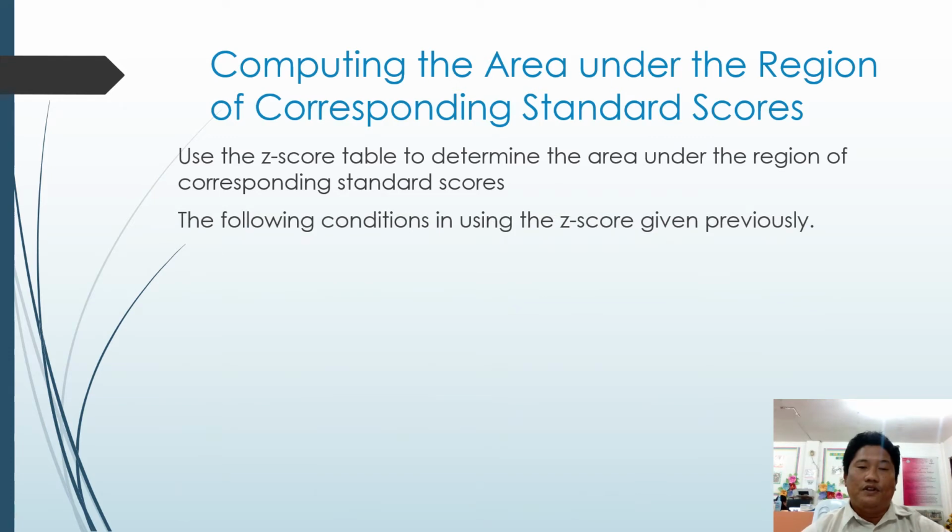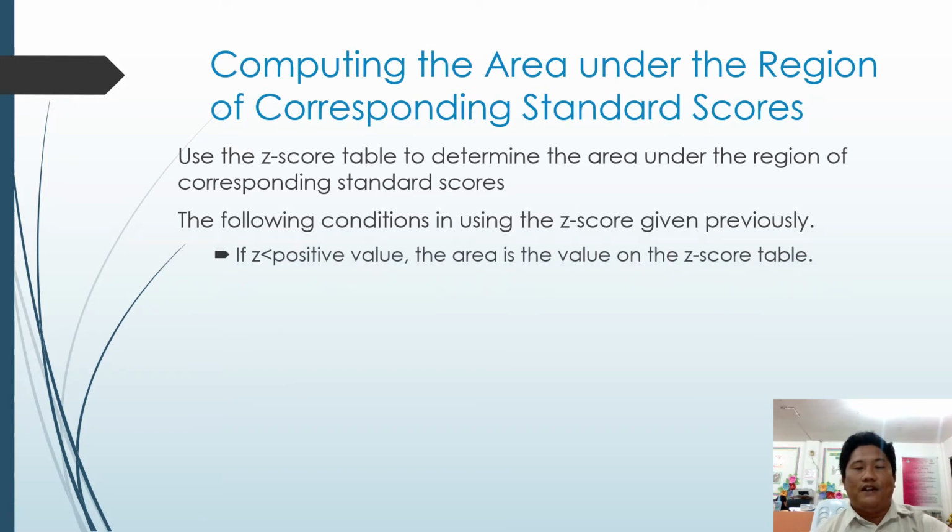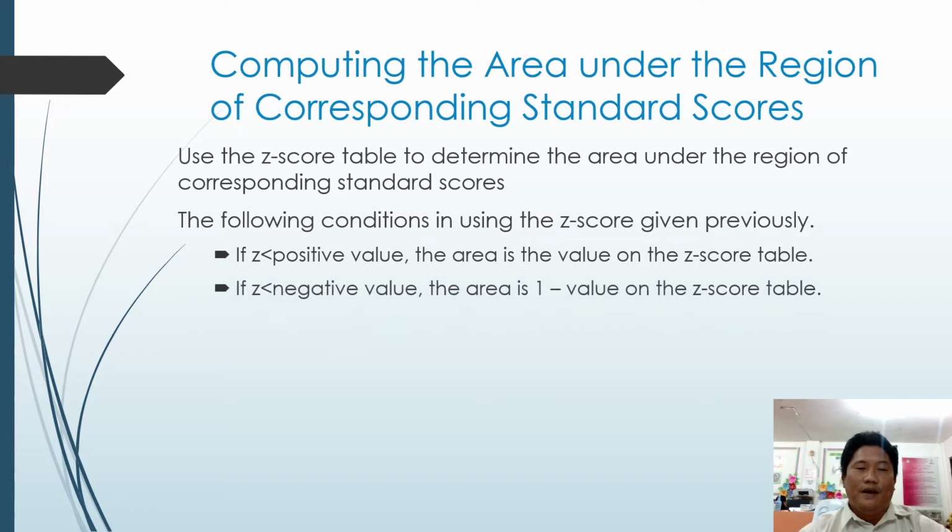There are conditions in using the z-score. First, if z is less than a positive value, the area is just the value given on the z-score table. But if z is less than a negative value, the area is 1 minus the value on the z-score table.